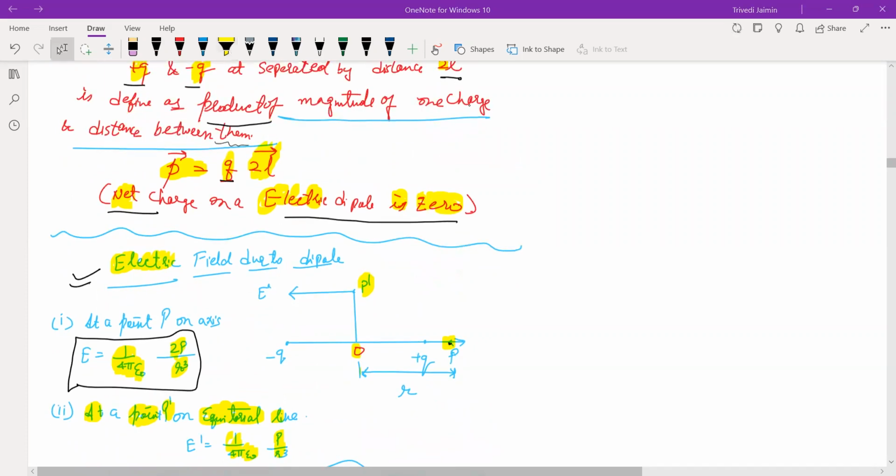Do you both remember what permittivity is? Yesterday we discussed something. Can you tell me? Drishi and Ajay, you both were there. One try. Sir, epsilon naught was permittivity in free space. Yes. What is it?